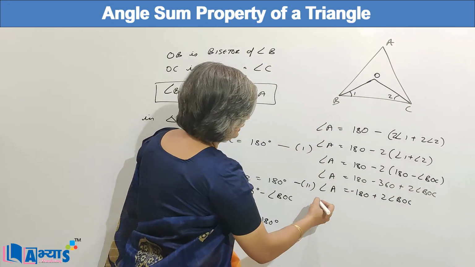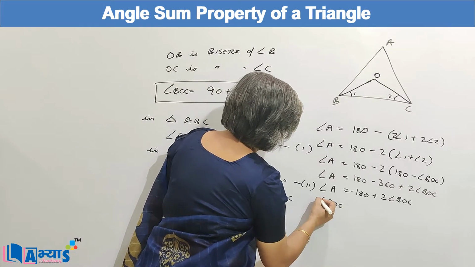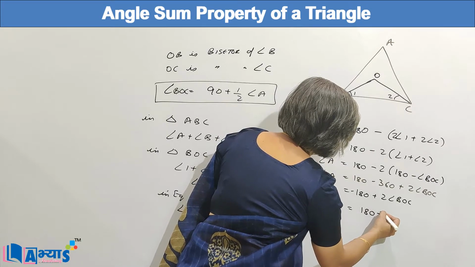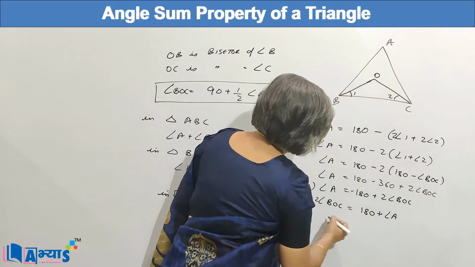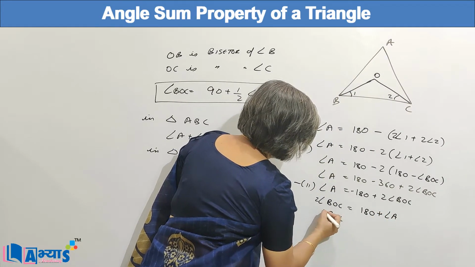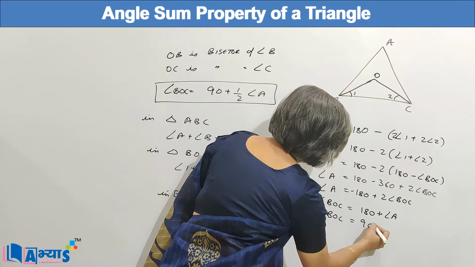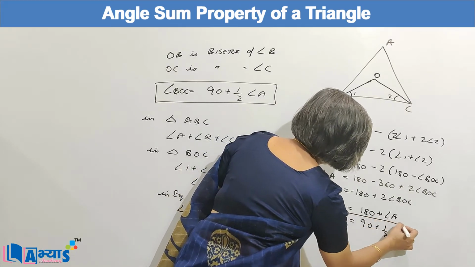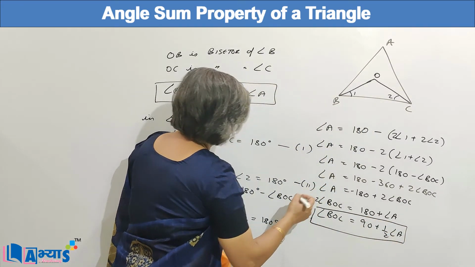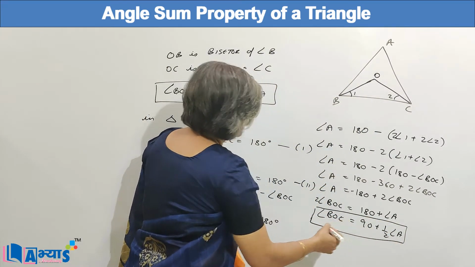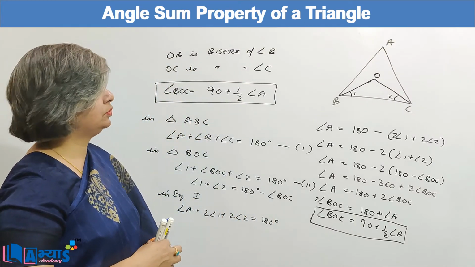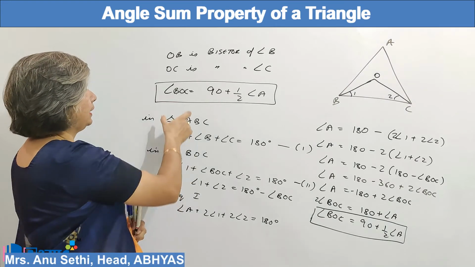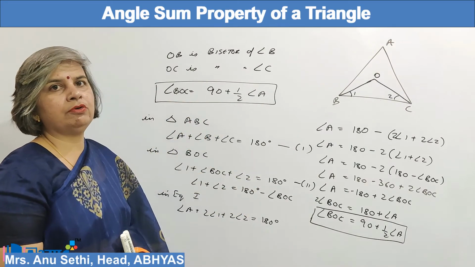So we can say that 2 times angle BOC is equal to 180 plus angle A, or angle BOC is equal to 90 plus half of angle A. As we have divided both sides by 2, we have got angle BOC is equal to 90 plus half of angle A. So this was what we had to prove. Hence we have proved the statement that angle BOC is 90 plus half of angle A.